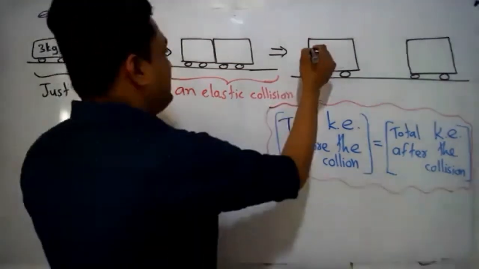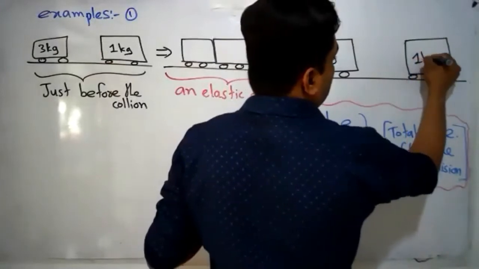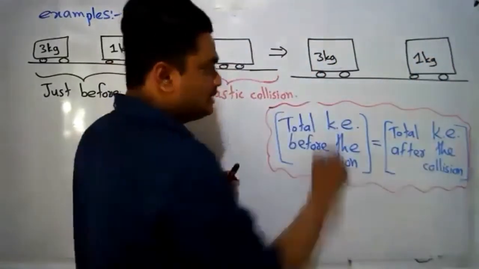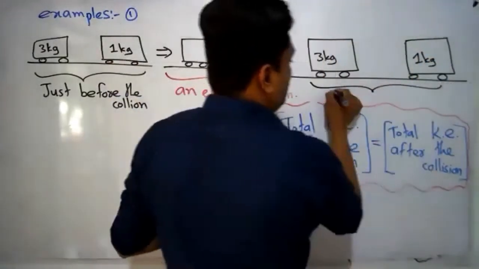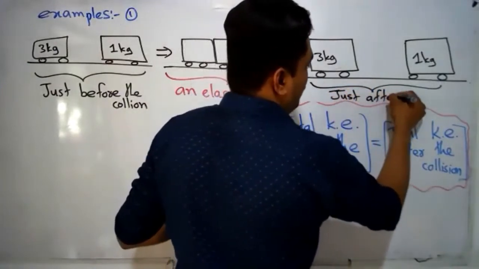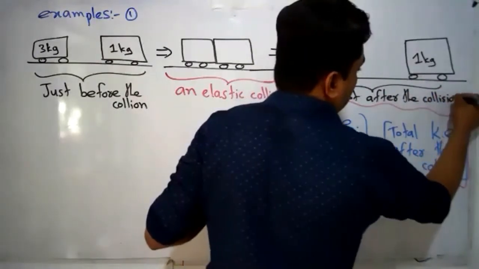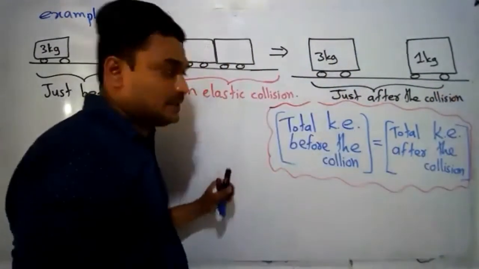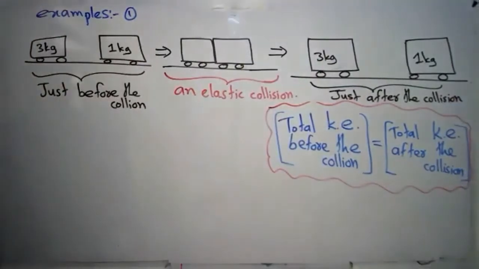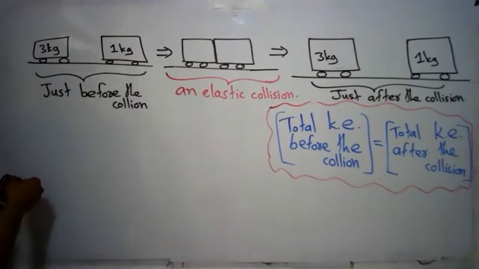Mass of the first trolley 3 kilogram, mass of the second trolley 1 kilogram. And this is the situation just after the collision. I'll mark the velocities also.